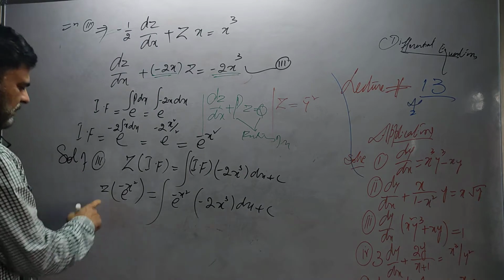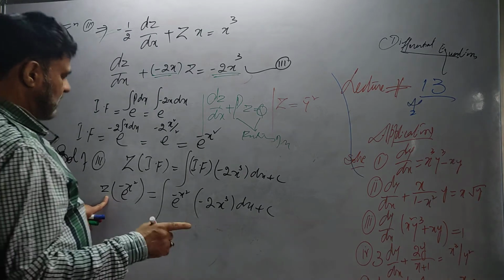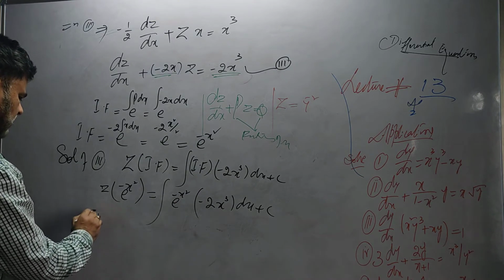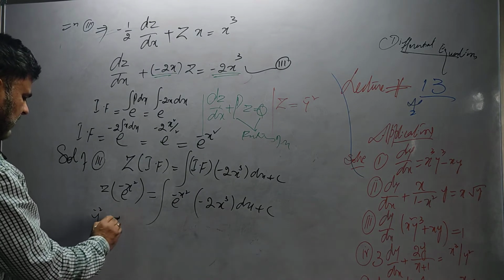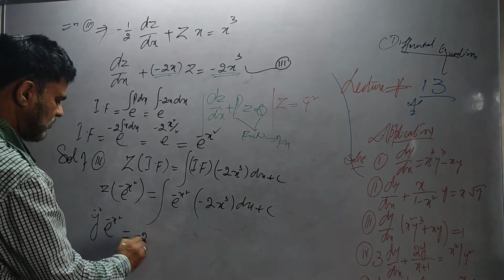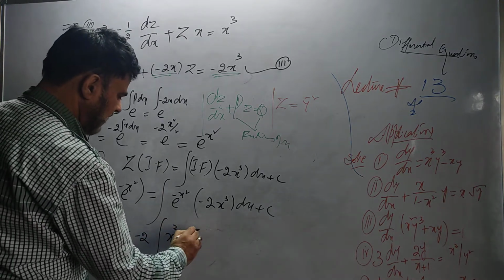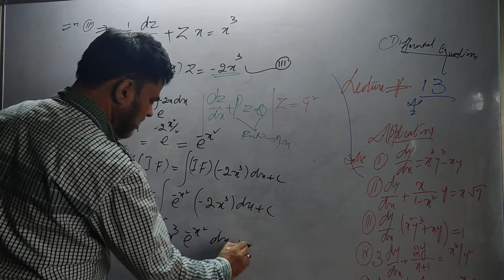So z times e raised to the power minus x square, then the integral of e raised to the power minus x square times minus 2x cube dx plus c. Let me put the value of z, which is y raised to the power minus 2. So y raised to the power minus 2 e raised to the power minus x square is equal to minus 2 integral of x cube e raised to the power minus x square dx plus c.